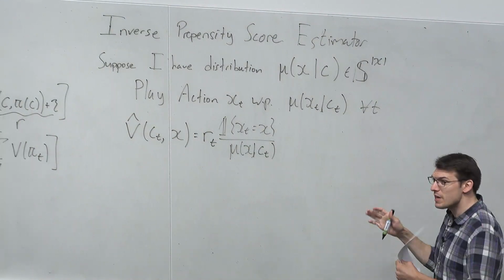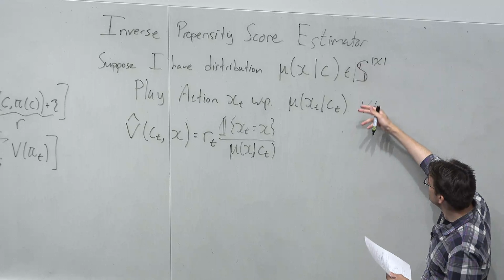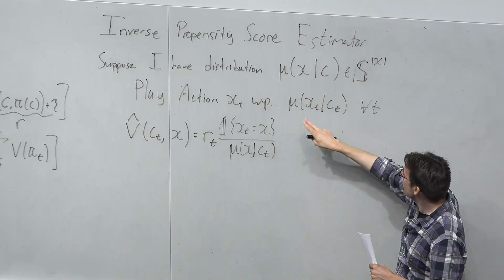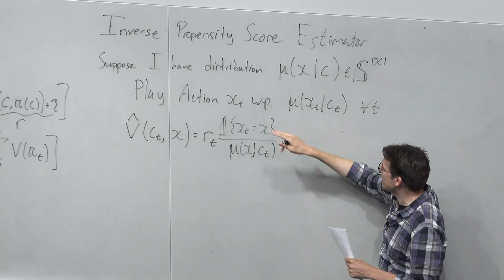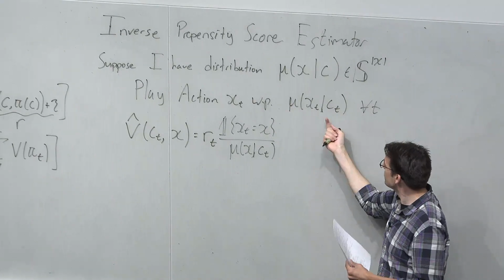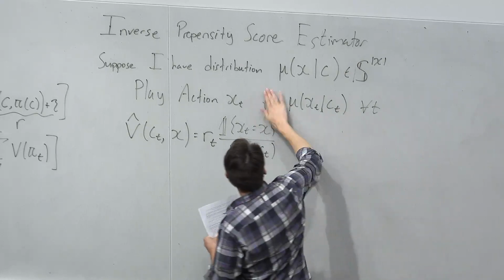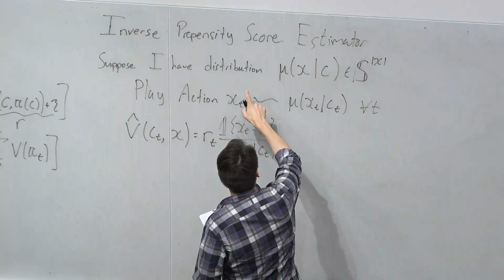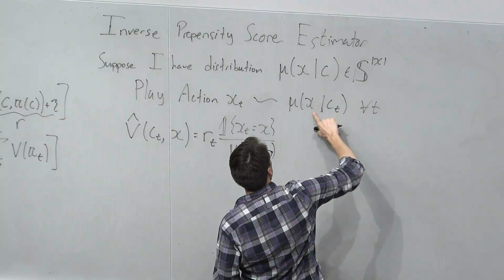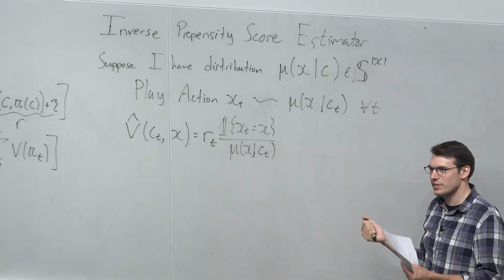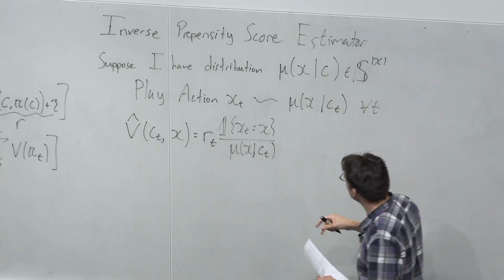Okay? So at each time t, I'm going to see this context c_t, and I'm going to play action x_t, sampled from mu. Maybe it'd be better to say: play action x_t distributed according to this distribution mu of x given c_t. So x_t is a random quantity.